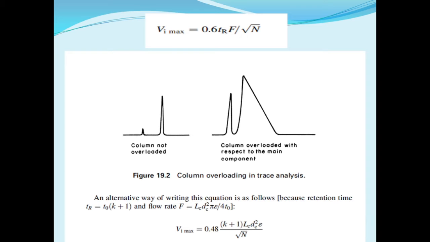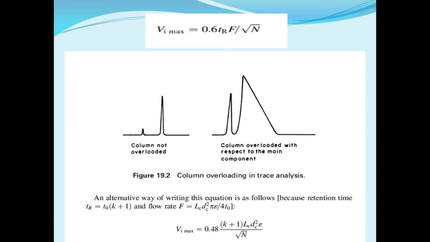Now the best approach is obvious. Use a column with a small inner diameter. A two-fold reduction gives a four-fold increase of Cmax. The next best approach is to use a short column.